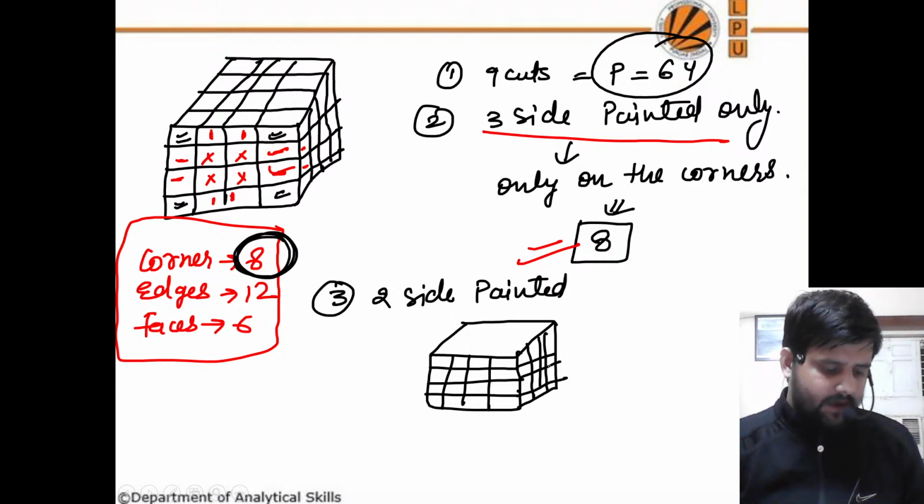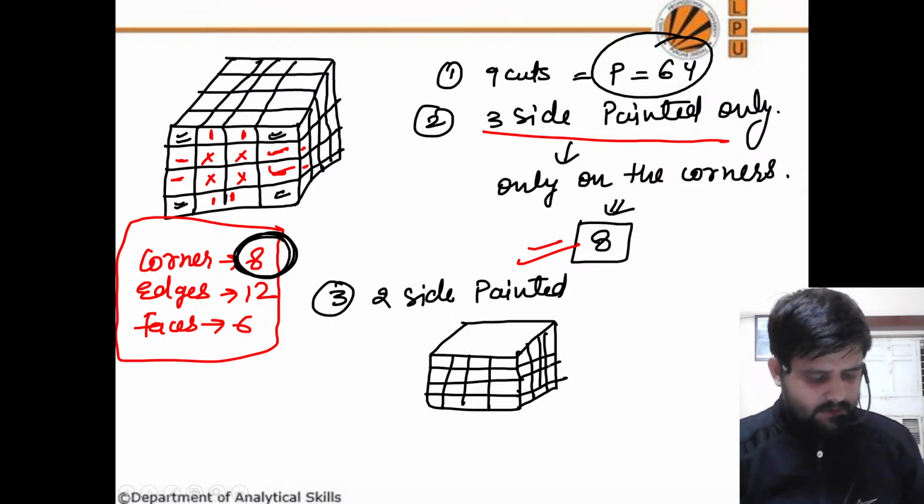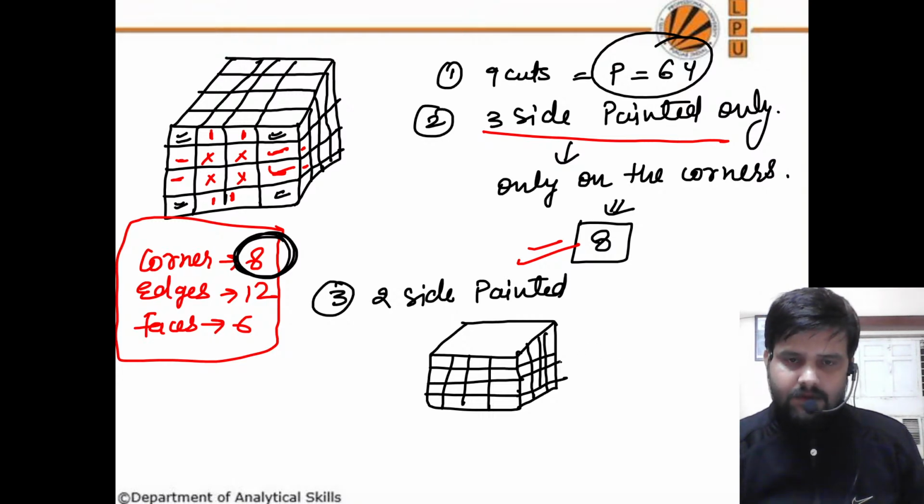The cube is painted with red on two adjacent faces and one on one opposite face. Okay, मैं क्वेश्चन खोल लिया मैंने.